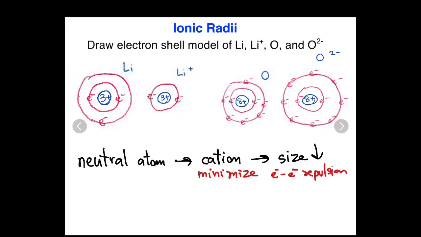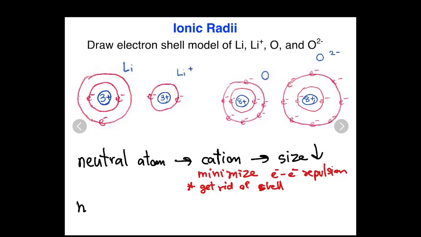And sometimes if that valence electron is in the outer shell and you get rid of the whole shell, you are going to get a lot smaller because you actually get rid of the energy shell. Okay.